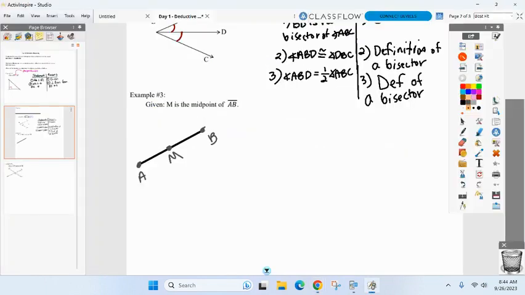Drew, back to you. What are you putting on there? In the middle of segment AM and MB. There you go. I should have that. Perfect. All right, let's go to our statements now. There's not much else I can mark.